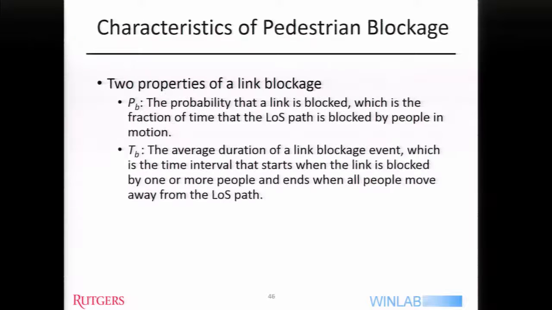We first look at the characteristics of pedestrian blockage. We study two properties of a link blockage. First, what is the probability that a link will be blocked if people are moving in the area? And the other interesting property is, if a link is blocked, how long will this link be blocked on average? That is quite interesting.